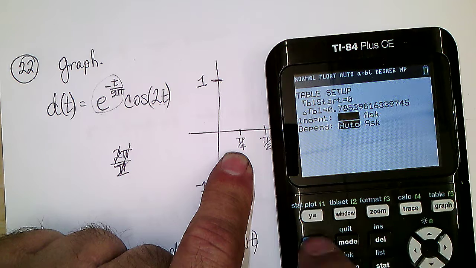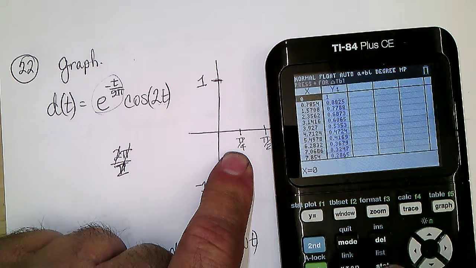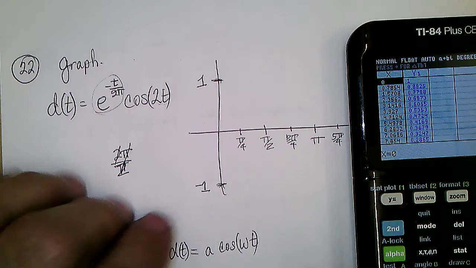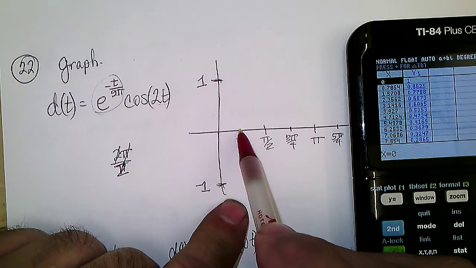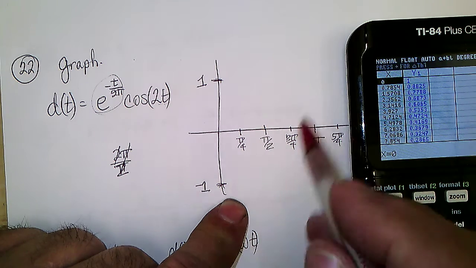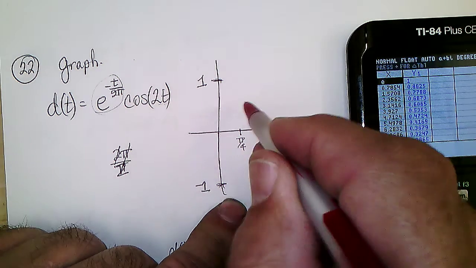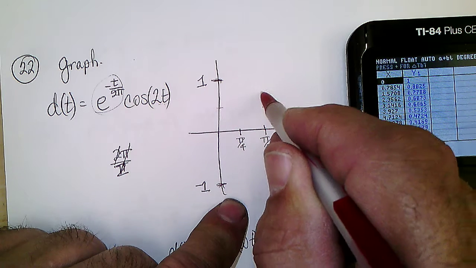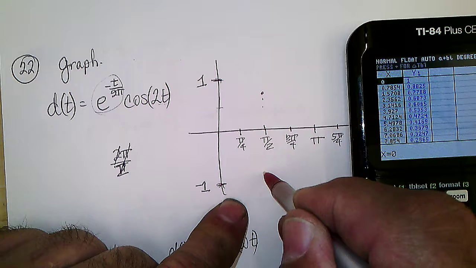And then I can go to second table, and it says at pi over 2, which is 1.57, it's at 0.77. There's 0.5, so 0.77 is a little over 3/4 above and below.